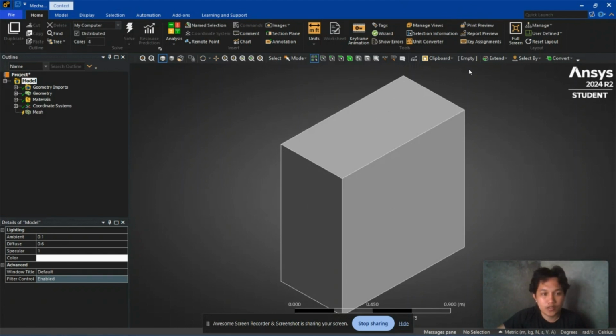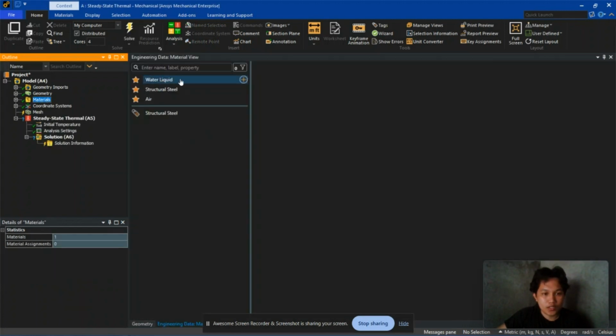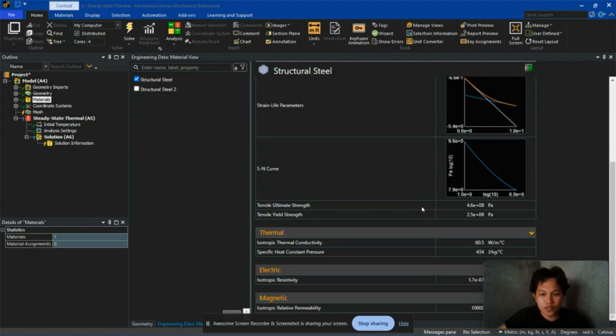After checking that model, we have our model here, and we're going to check all the parameters given. First, the material: we're going to change it to structural steel, with a thermal conductivity of 60.5 watts per meter degrees Celsius.